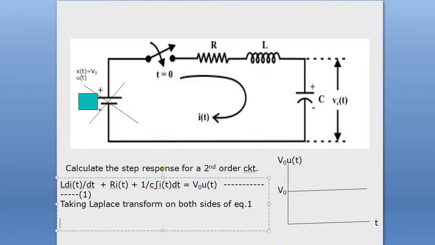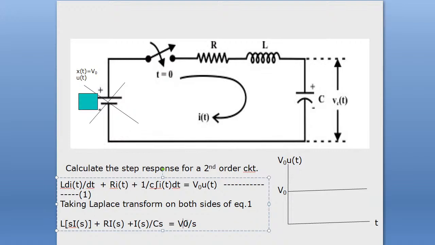The initial value, let me write it: L s I of s, and initial value is 0, no need to write it again, plus R I of s, the Laplace transform of the current component, plus the integration term I of s by C s, equal to V naught divided by s.